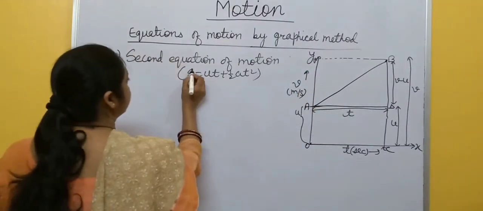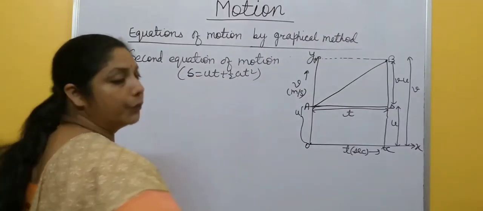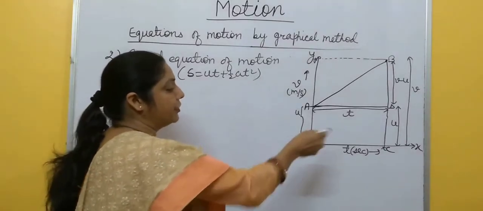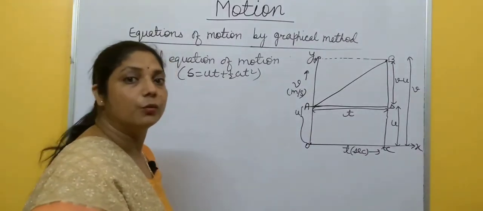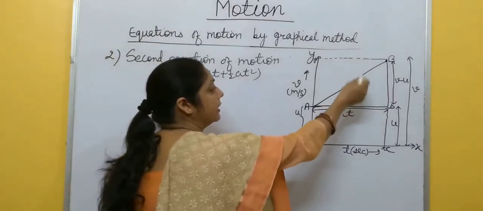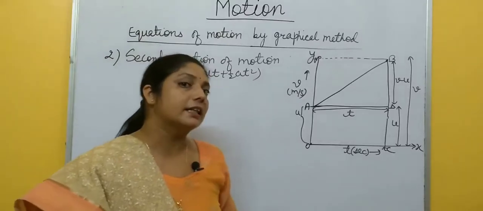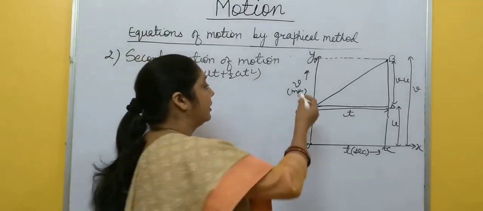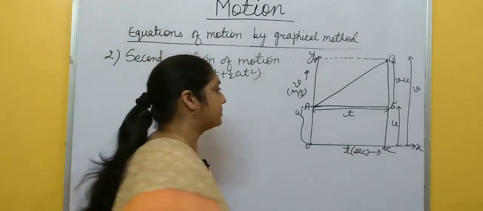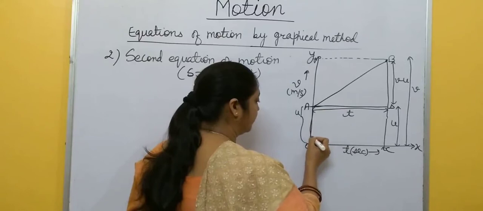Here this displacement term is there, s is displacement, and you know that to find displacement in case of velocity time graph, what do we have to consider? Area under this velocity time graph, because in the last class we discussed that area under velocity time graph gives what? Displacement.